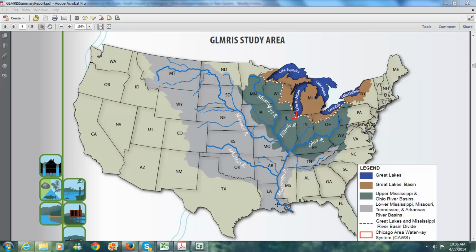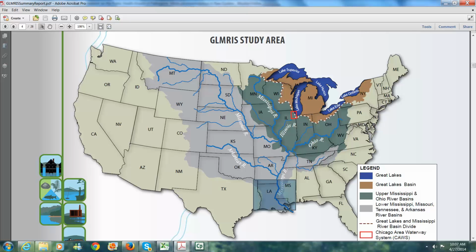The Mississippi River begins down here in Louisiana at the Gulf of Mexico, and you will see the Mississippi River moves north, draining all of the area that you see in either gray or green. So all of the rainfall in the United States that falls in these gray or green areas ends up moving through Louisiana into the Gulf of Mexico. So this is the Mississippi River Basin.